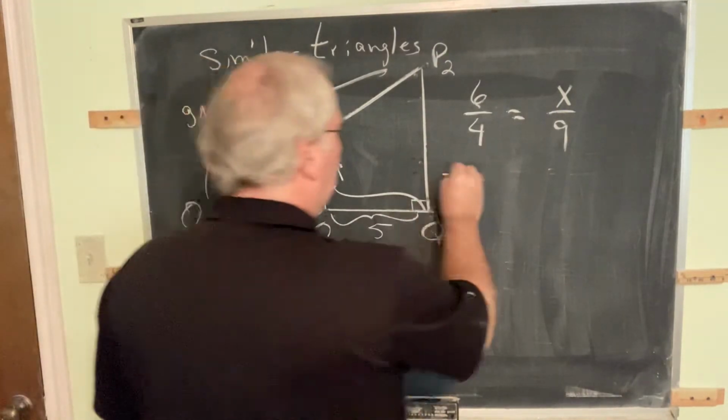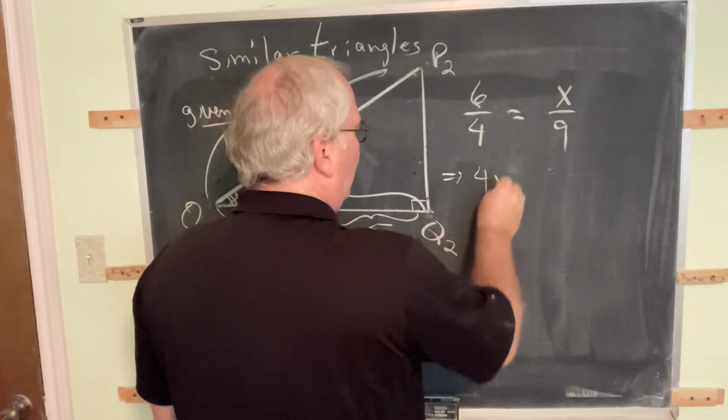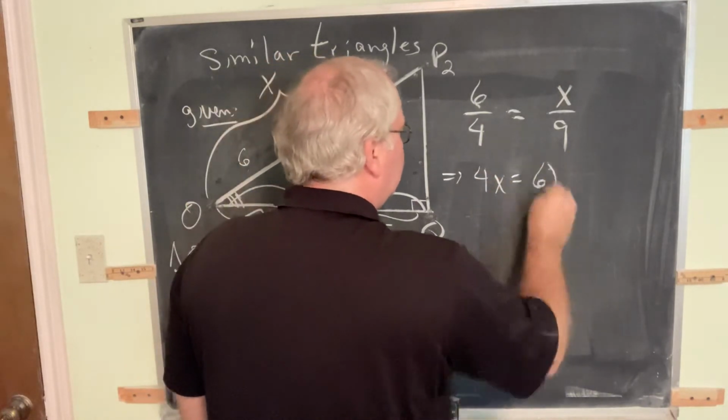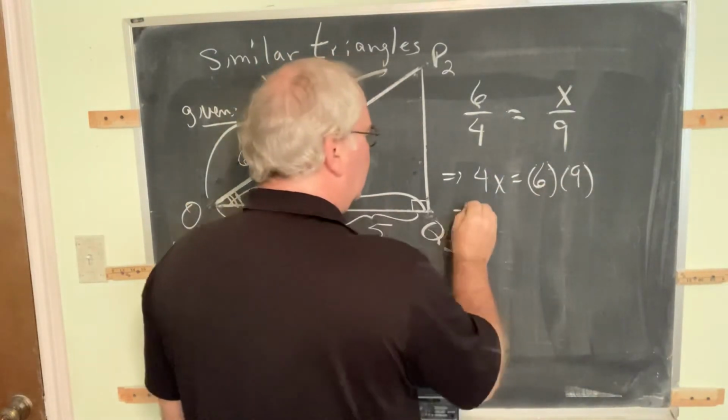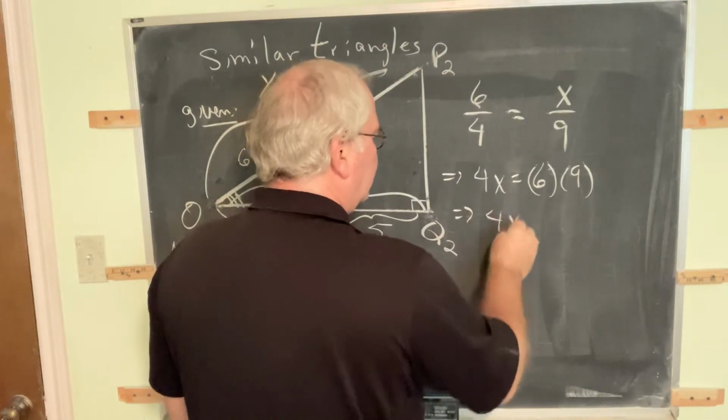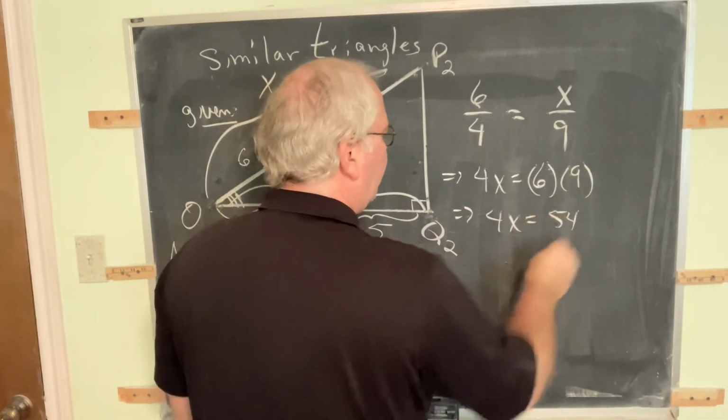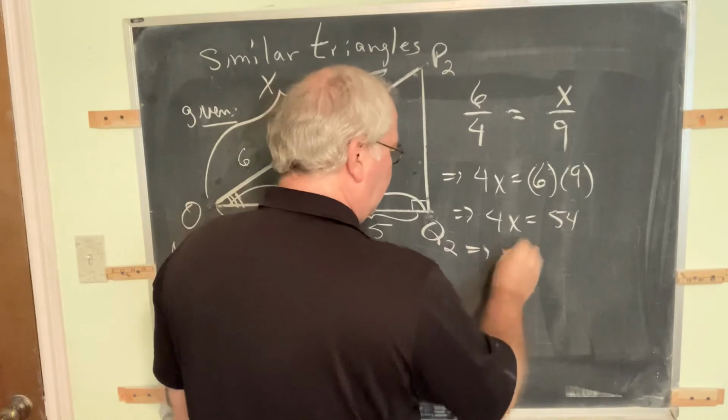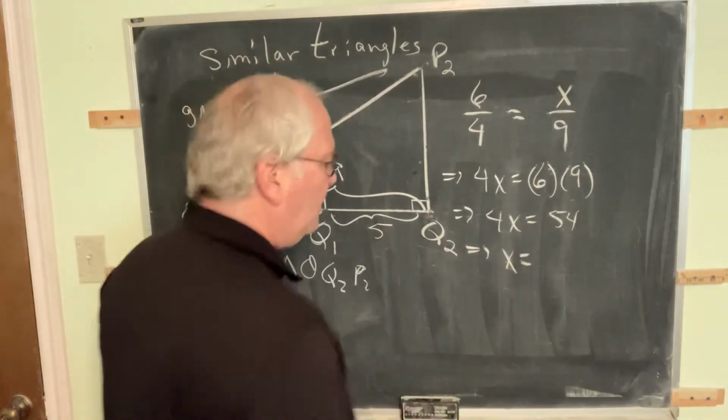And so cross multiply: 4x is equal to 6 times 9. So that implies 4x is equal to 54. And so x is 54 fourths.